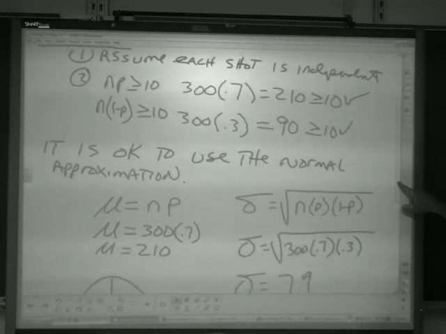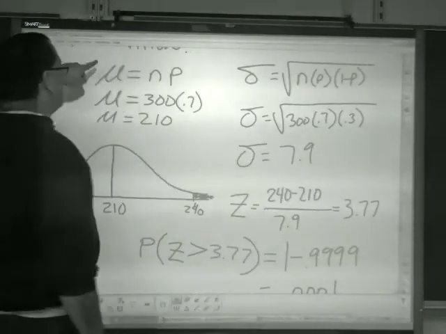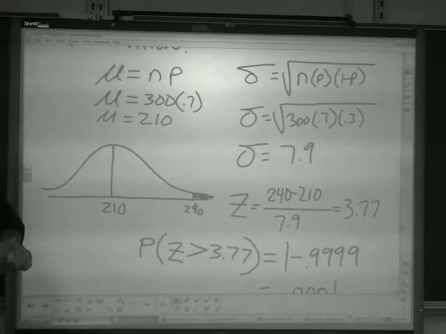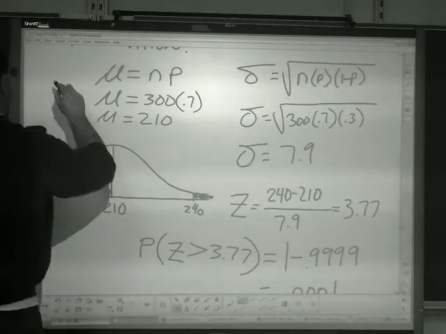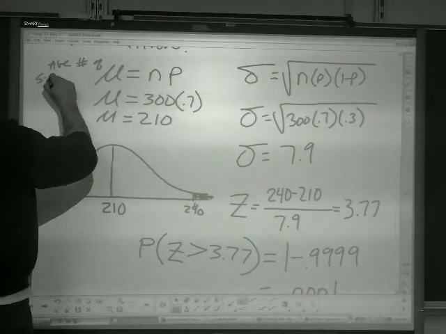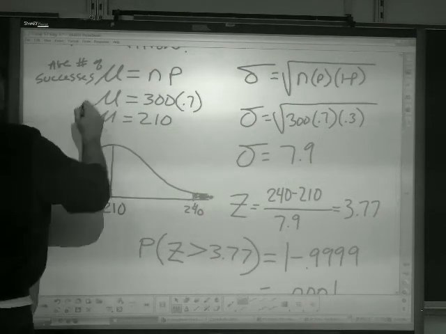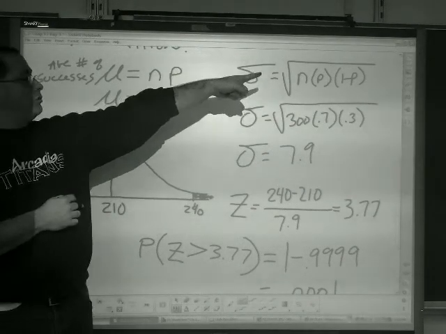So let's lay out our formulas. The average number of successes that we would expect is 210. All right? So again, this is the average number of successes we would expect is 210. Standard deviation, we just fill in the formula.